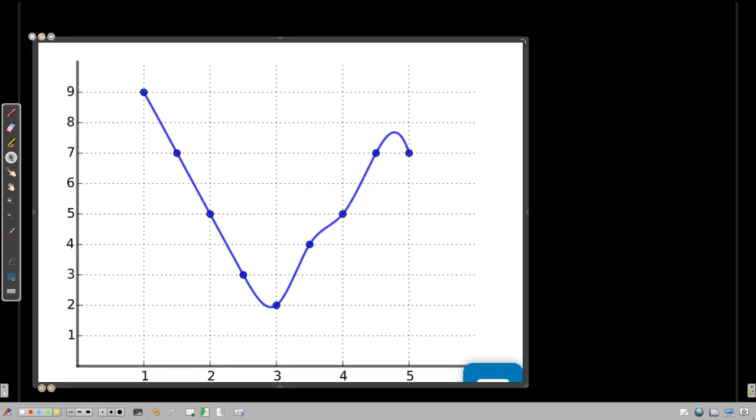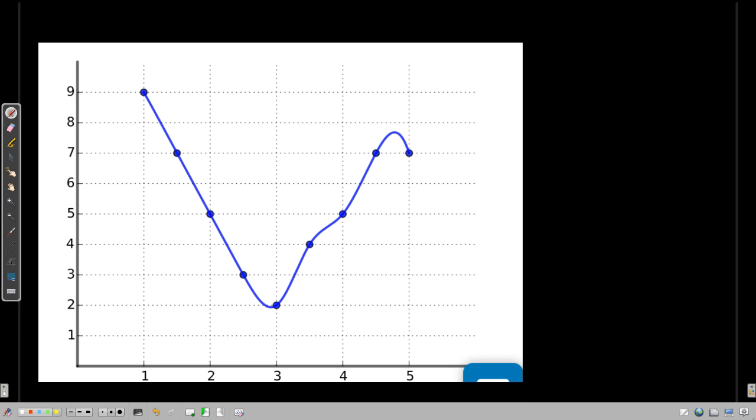Now they want a left Riemann sum with 4 rectangles, and this is my function f of x. That's what's represented by the curve.